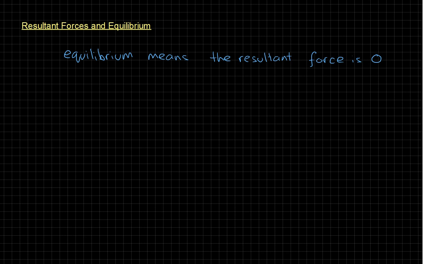So, for example, in 2D, the resultant force is equal to a two-dimensional column vector (0, 0), which of course is the same thing as 0i plus 0j.